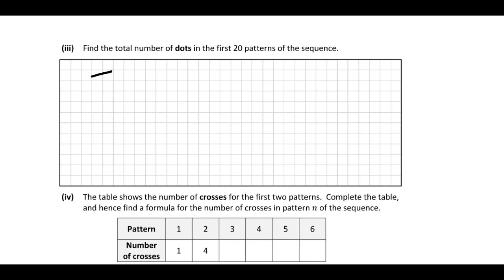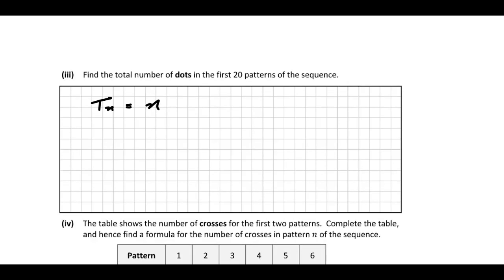So really that's just going to be, if Tn is equal to n, what we've really just got to do is add up 1 plus 2 plus 3 plus 4 plus 5 all the way up to 20. Your Sn is going to be n over 2.